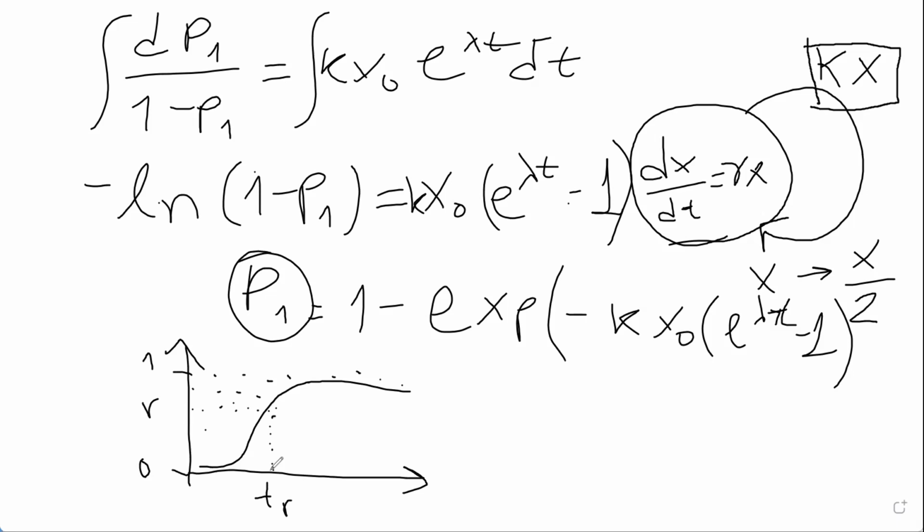In the case of the exponential distribution, this was just 1 minus exponential of minus t, so the solution is the one we know. In this case, I have to set this equal to a random number r and solve for t.